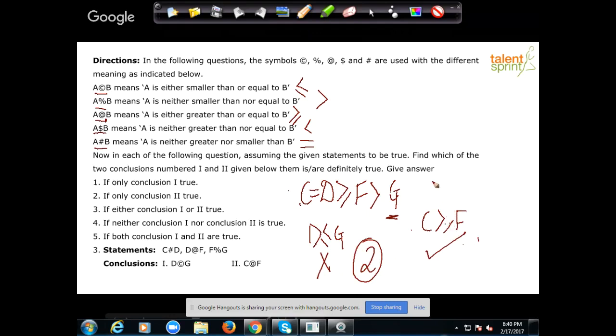Let me once again explain why conclusion 2 is correct. Conclusion 2 is C at the rate F, which clearly means that C is greater than equal to F. Now, let us look at the inequality at the top.